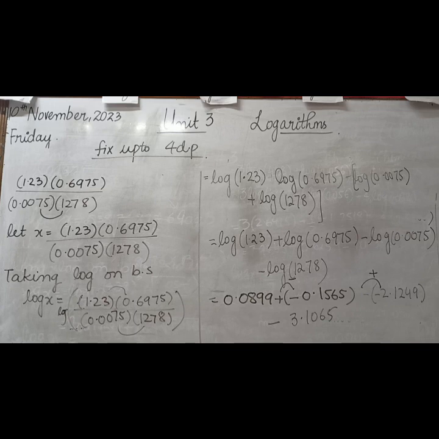You can solve by using a logarithm table, but for now you have to use the calculator, and by using the calculator solve out the values, find out the answer, and then take anti-logarithm. One thing which should be kept in your mind is that your calculator should be fixed up to 4 decimal places, so that you can get the answer up to 4 decimal places. And you have to solve all the questions step by step. First step is let, then take log, then apply the laws of logarithms, and then take anti-log.